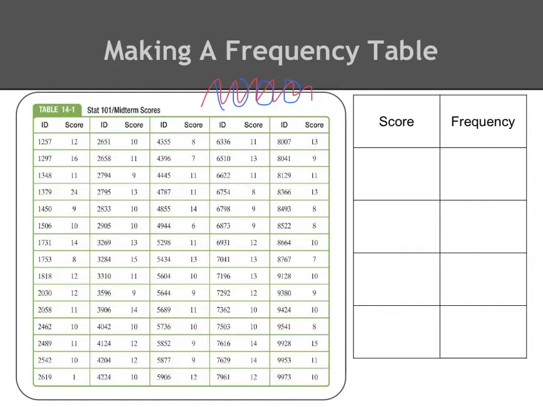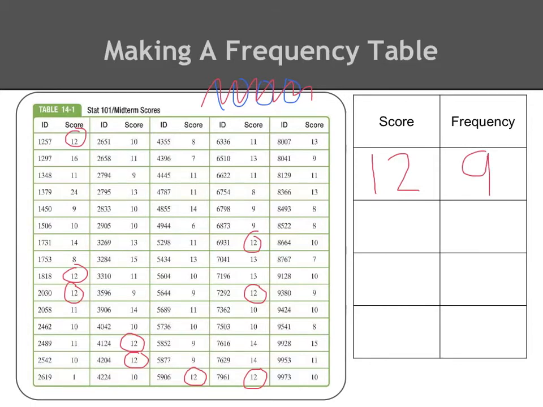Starting at the beginning, let's count the students who scored a 12 on this make-believe exam. 1, 2, 3, 4, 5, 6, 7, 8, 9. I see no more students who scored a 12 on the exam. We now know the frequency of those who scored a 12 on the exam is 9.